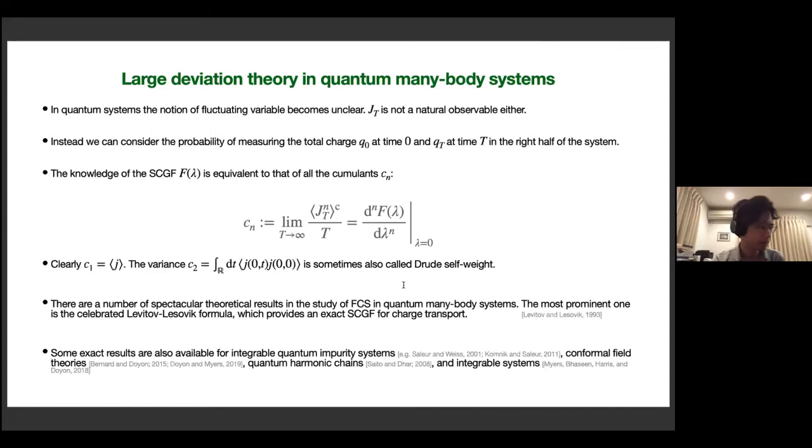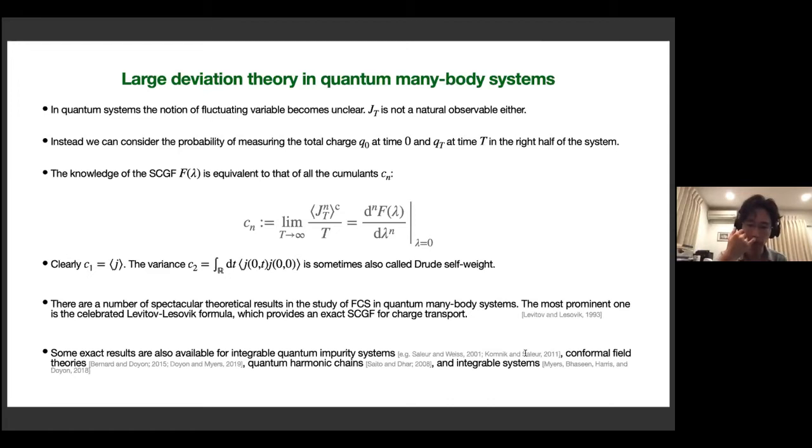There are also known exact cases, even in interacting cases, like integrable quantum impurity systems, like the Anderson model, interacting resonant level model, conformal field theories, both in 2 dimensions and higher dimensions. And okay, this isn't really interacting, but the quantum harmonic chain is also an important example. I mean, it's a free system, it's important. And also interacting integrable systems.